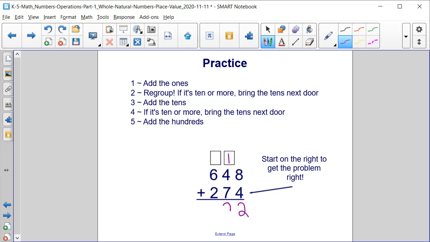So again, put the 2 down. If it's 10 or more, bring the tens next door. So the 1, or the 10 that's a part of 12, comes up to the next column. So 1 plus 6 is 7, and 2 more is 9. So the sum of 648 and 274 is 922.